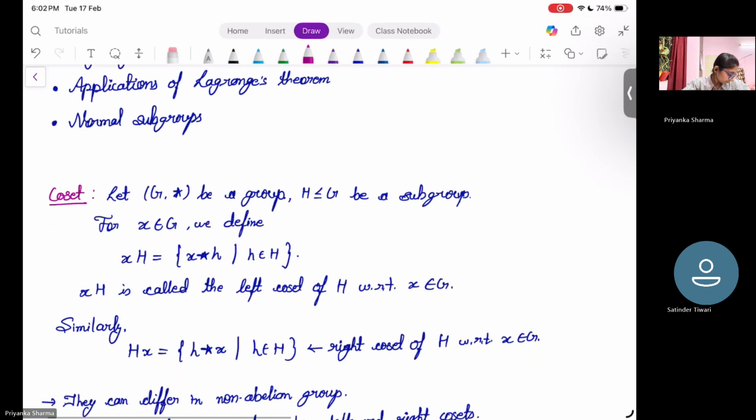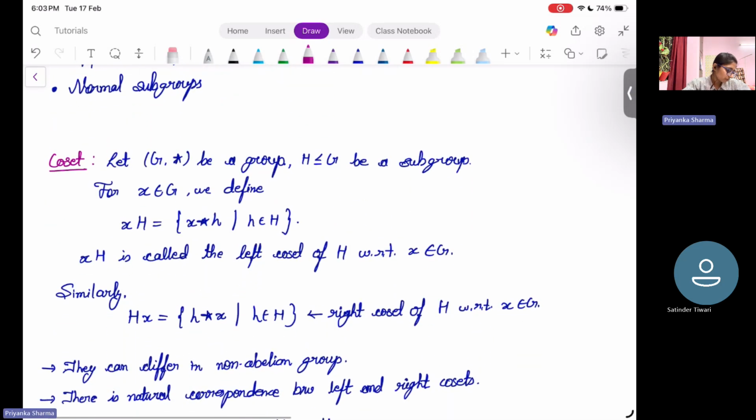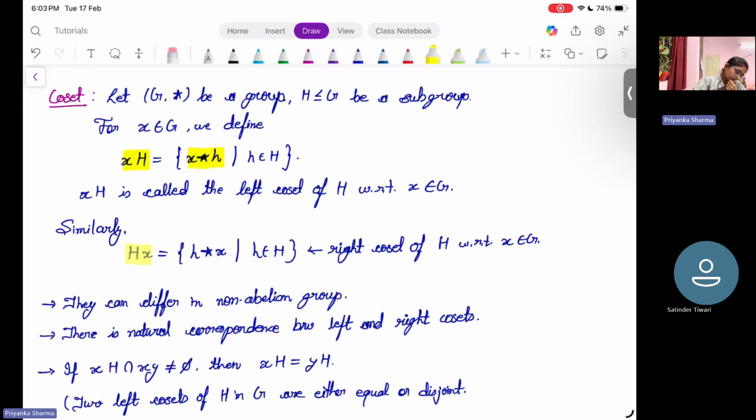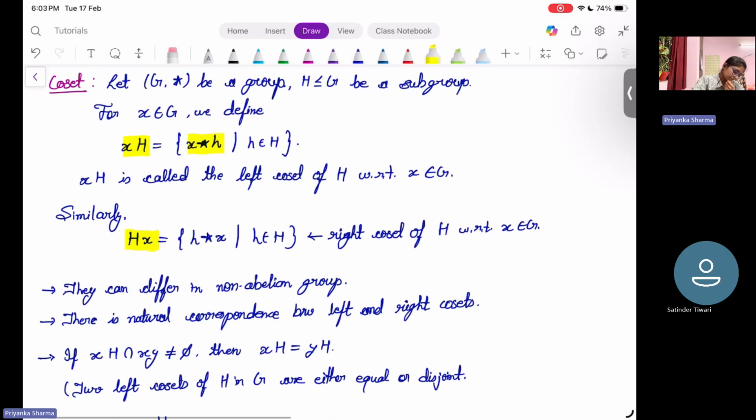So what is a coset? Suppose we have a group G and a subgroup of G, say H. Then we define a left coset xH as the collection of all elements x operated by H. Similarly, we can define a right coset Hx.